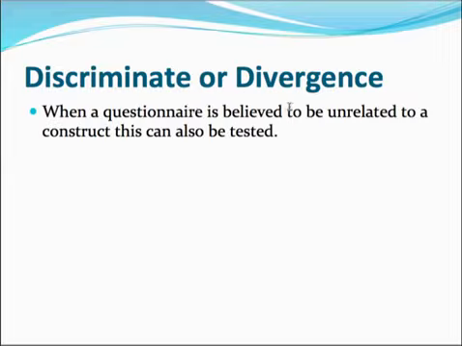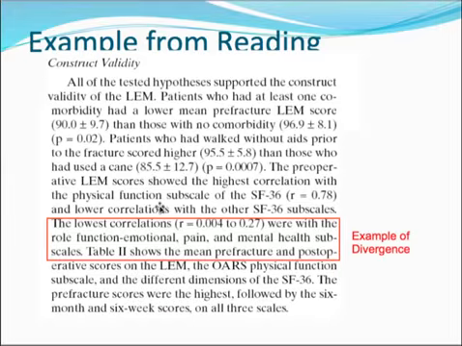Okay, discriminant or divergence is when a questionnaire is believed to be unrelated to a construct, and this also can be tested. And so the SF-36 again is a good example because it has many subscales. It has a physical function subscale, but it also has a mental health subscale and pain subscale.